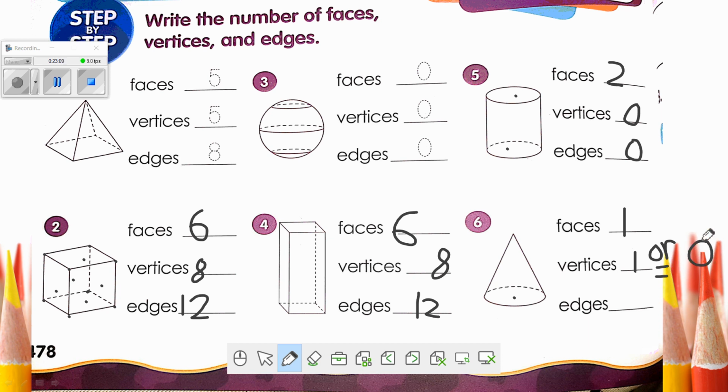So the 2 answers are acceptable. Edges 0. So 1, 1, 0 or 1, 0, 0. Okay?